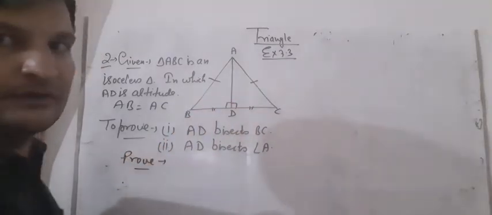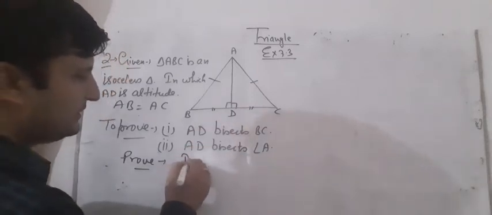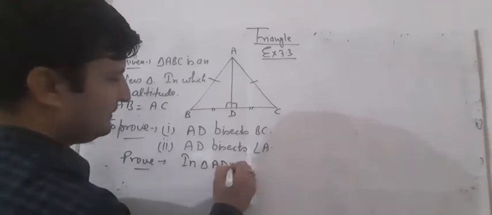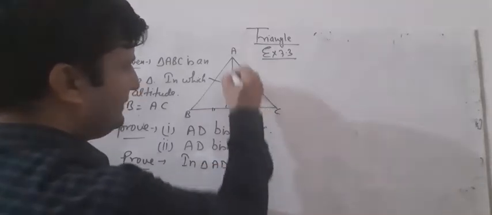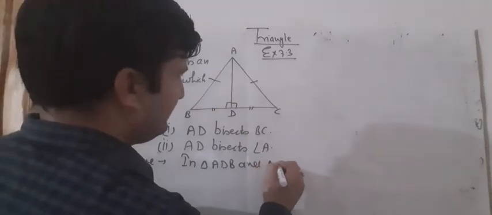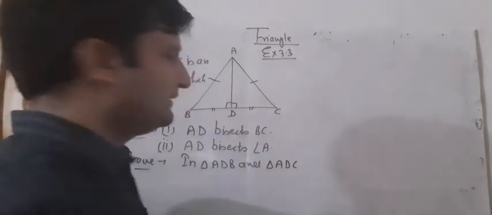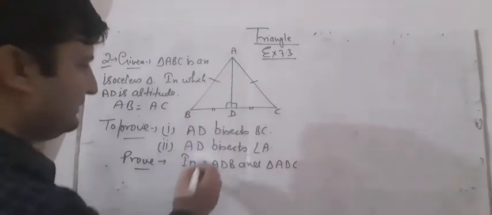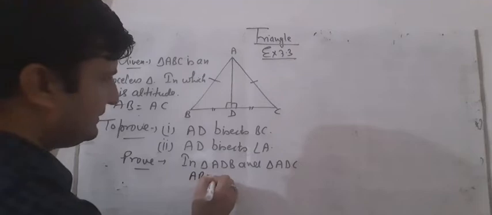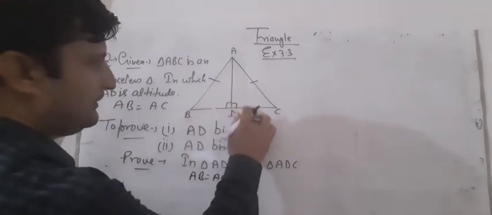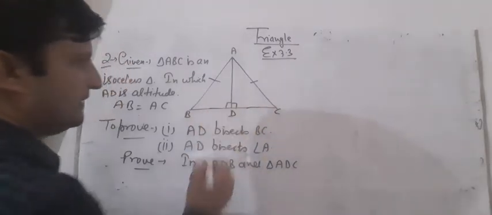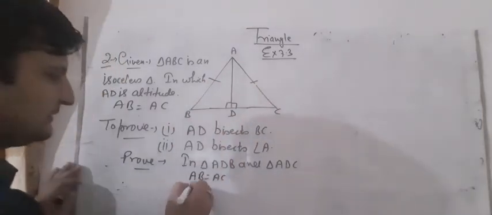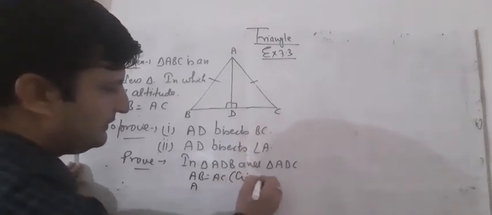So students, first what we will write? In triangle ADB and triangle ADC, what is given? AB is equal to AC, it is given.